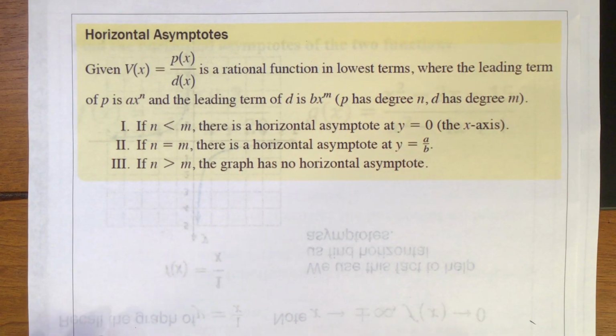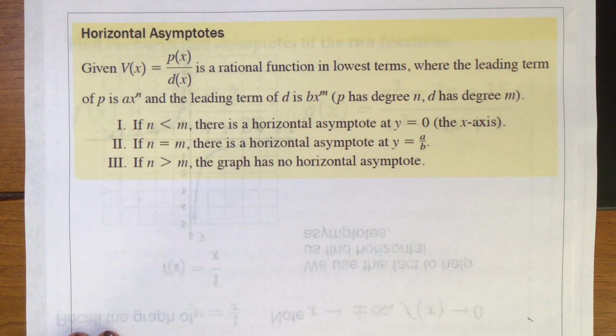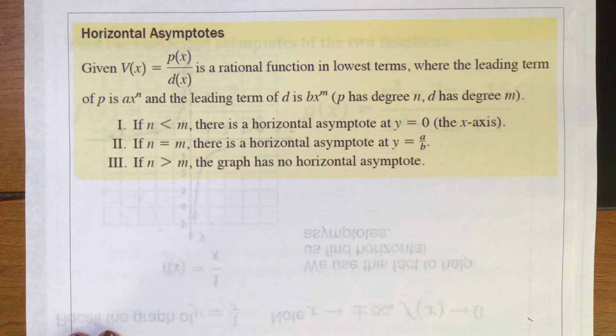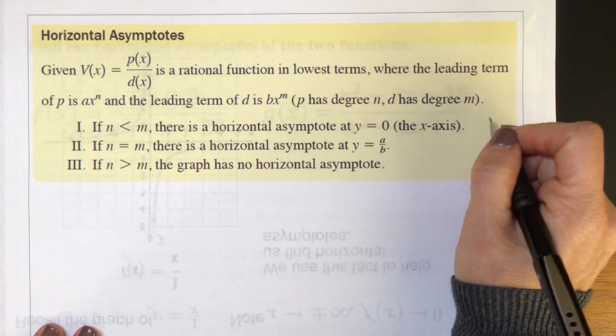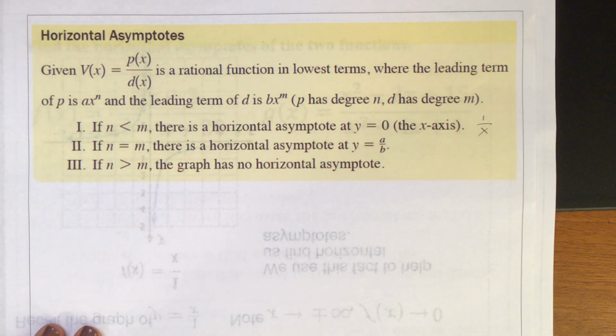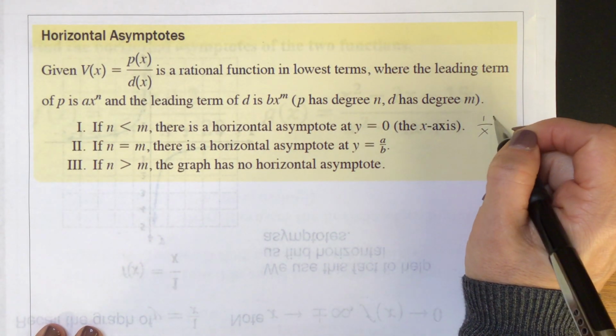So this is your highest exponent. If the exponent on top, so n is the exponent on top, is less than the exponent on the bottom, then there's a horizontal asymptote at y equals 0, otherwise known as the x-axis. And our original function is a good example. We don't have an exponent on top, or the exponent is 0.